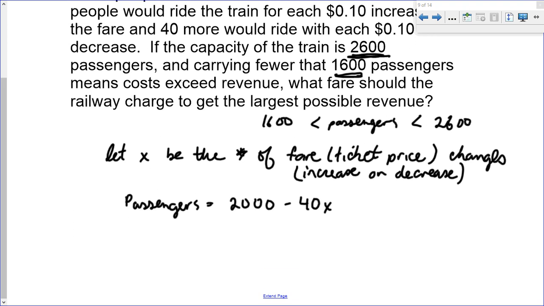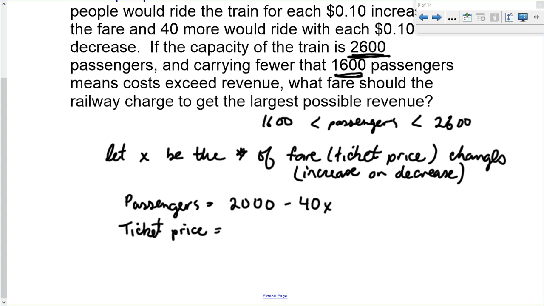Now, if x is negative, so I decide to decrease the price, if I put a negative here, negative times a negative, I'd be adding 40 more. Now I can do the same type of expression with ticket price.